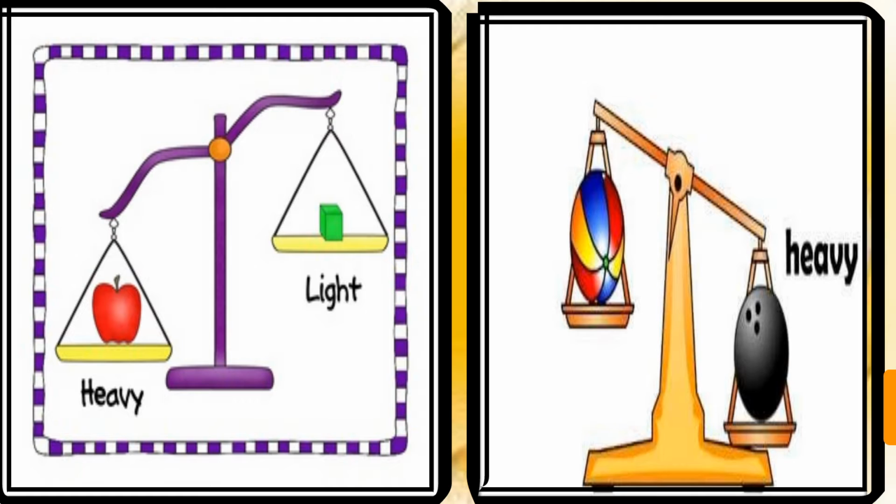In this case we identify that an apple is heavier than this cuboid thing. We compare these two things: this one is heavier and this one is lighter. When both are in the same place, we can say that both are of the same weight.